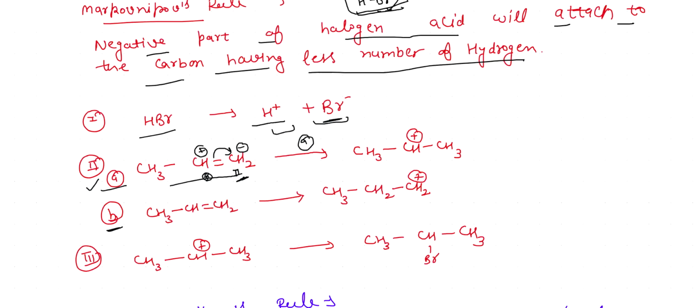Then the electrophile will attack on this negative part, and the CH2 negative will be attached to H positive, forming CH3. And again, carbon number 1 will acquire the positive charge. So your carbocation is formed as an intermediate. You have to identify what kind of carbocation it is. This is a secondary carbocation, as it is linked to two alkyl groups.